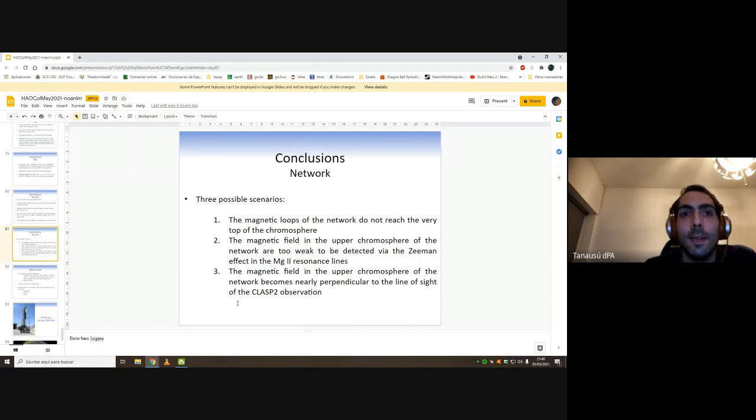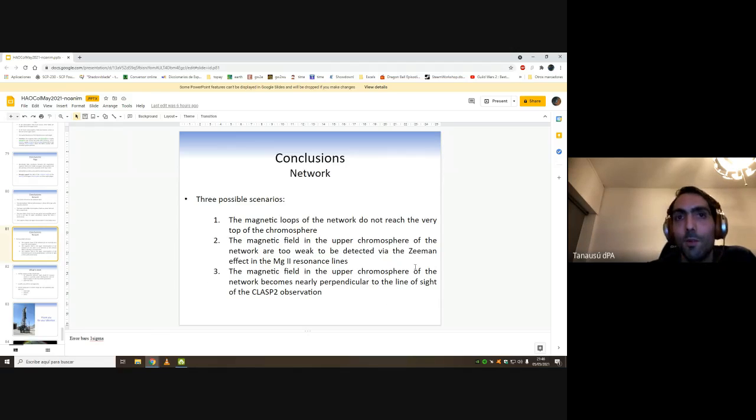Yes, regarding the third point, the issue is that this network is close to the active region. That's the reason why it shows these significant magnetic fields. The other observation was much closer to the limb and in the very quiet sun, and the circular polarization signal is not that significant in that other observation.